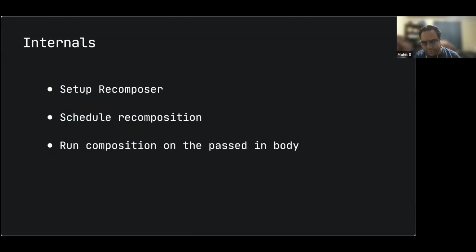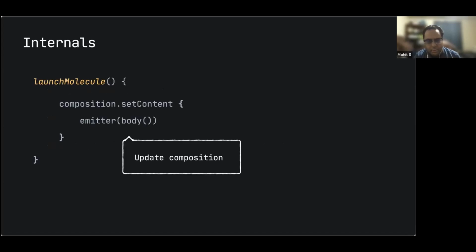The last thing it needs to do when this gets fired is invoke all the logic you're providing to it as a composable function in the presenter, and this is how it does the composition: setContent, emitter, body. That body, as you remember, was a composable function. It was a parameter given as part of launchMolecule, and it's executing that logic. That's going to produce a UI model, basically. And when it calls the emitter, it pushes that out to the state flow.